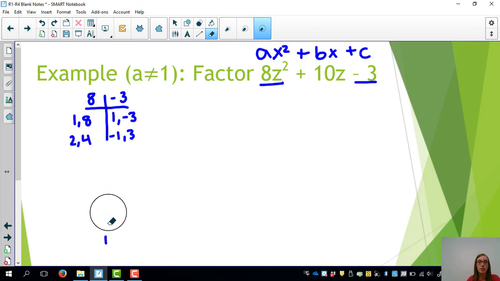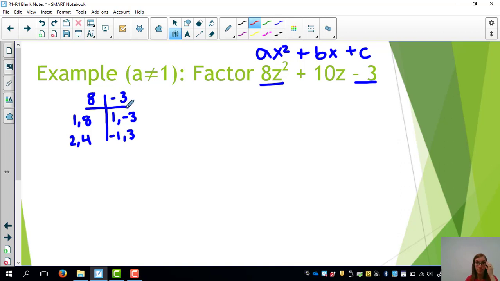So what I'm trying to do is find the factors that multiplied together and then added are going to give us 10. I do want to make note that my a value is always positive, and my c value is going to be the negative one.